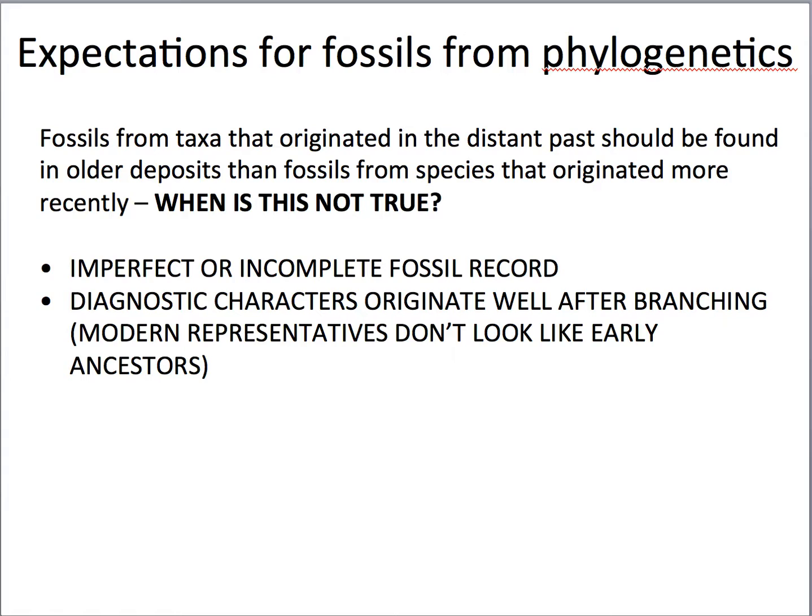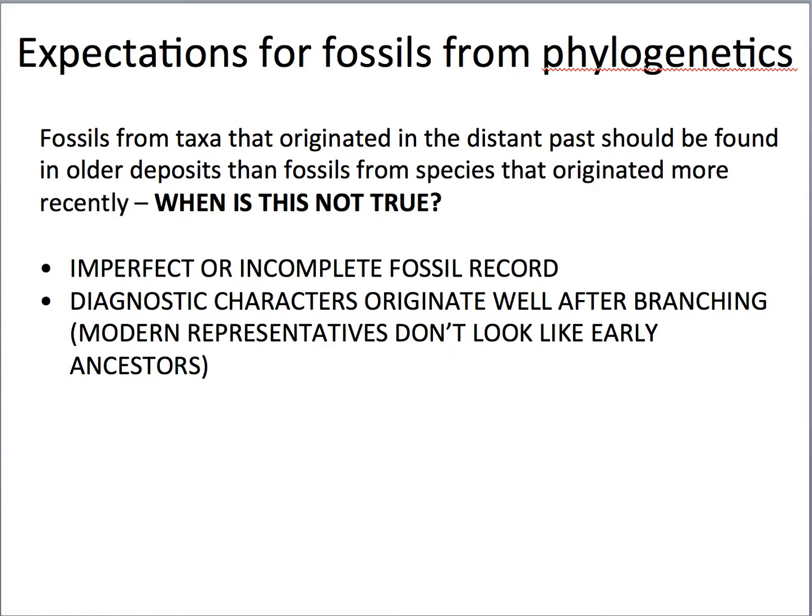Also, there can be times in evolutionary history where, when you look back at that clade and you look at D, that species on that early diverging lineage, it's possible that the characters that you would use to identify that species originated way after that branching actually happened.